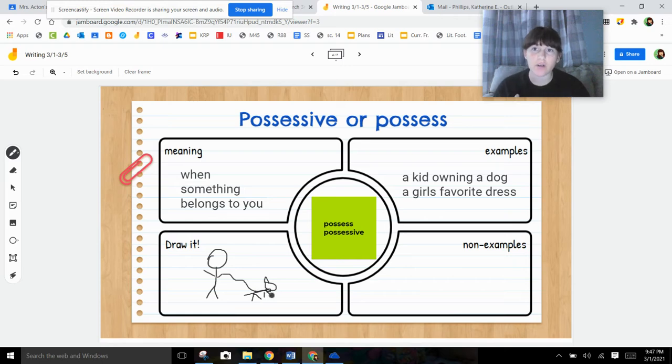There's a leash and a collar on him to show you that dog belongs to that guy, girl, boy, man, whoever that is. That person has a dog and it belongs to them.